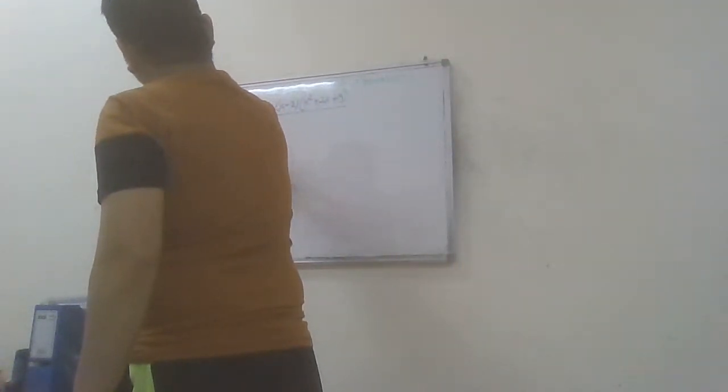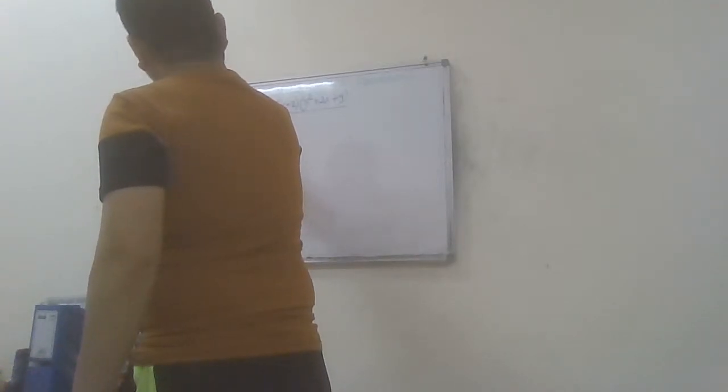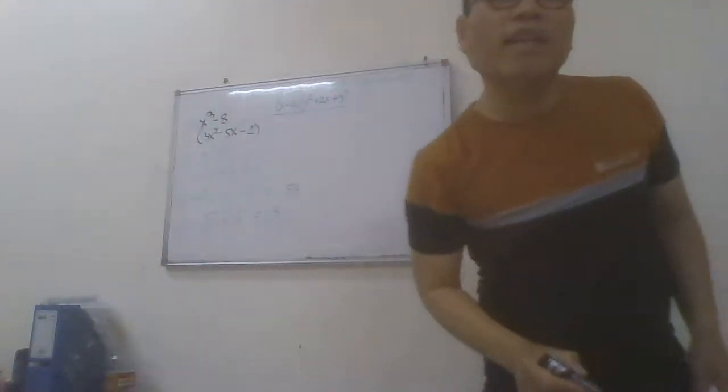Wait, this will be clear in the shot. Oh, this one, 3x squared minus 5x minus 2. Yes, it's clear.